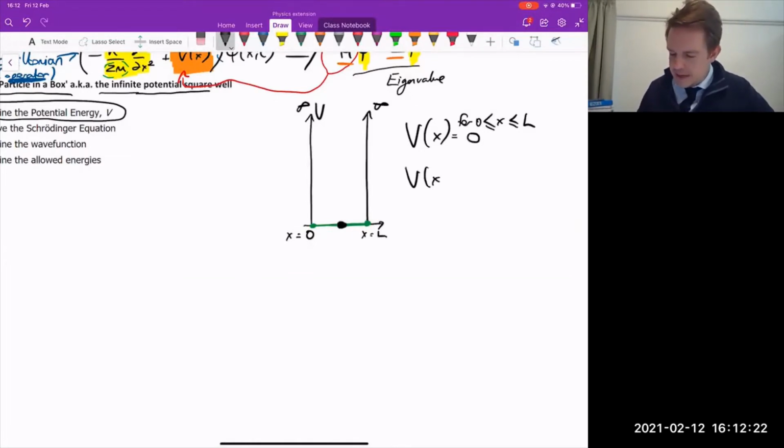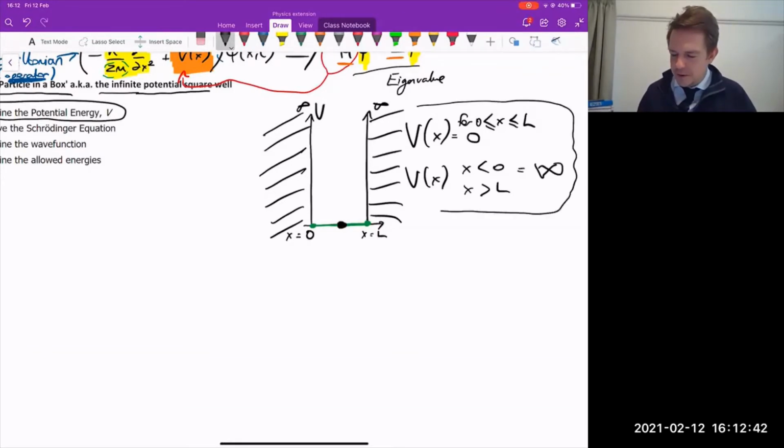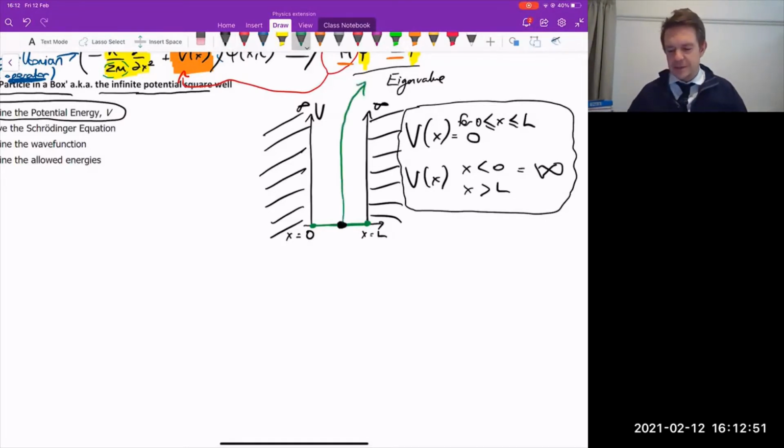And the potential energy outside of those walls, so for x less than 0 and x greater than L, is infinite. So basically, the particle cannot get into that area. This is the mathematical way of saying we've got a potential well with infinitely high sides. The particle would need an infinite amount of energy to escape the potential well. So it's well and truly trapped.